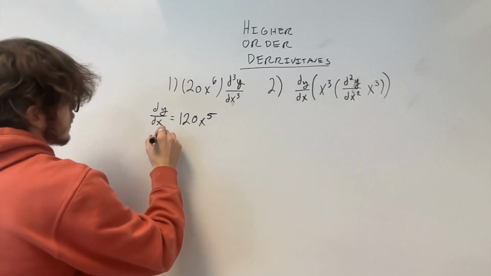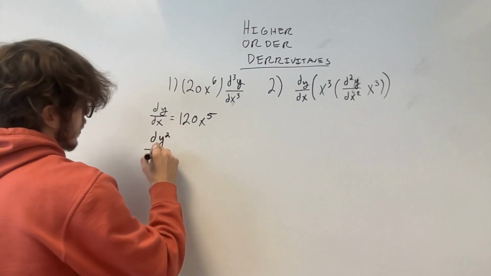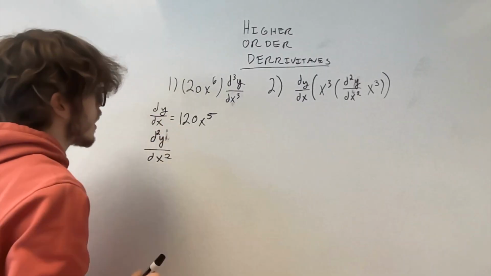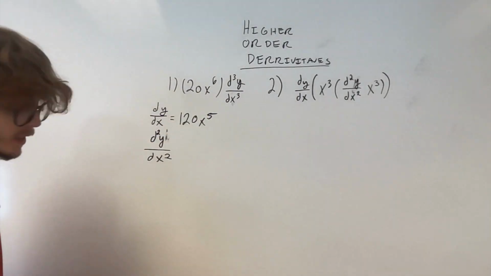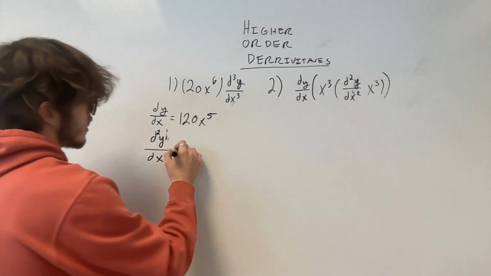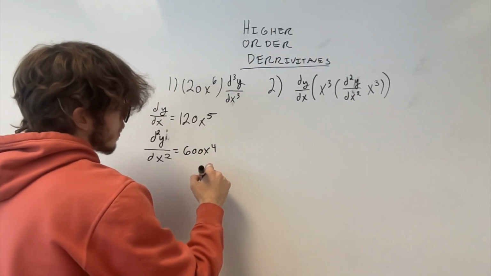We want to find the second derivative, d squared y over dx squared. Now I'm going to need a calculator because I don't know how to do my own math really easy. 120 times 5, that's 600. 600x to the 4th.